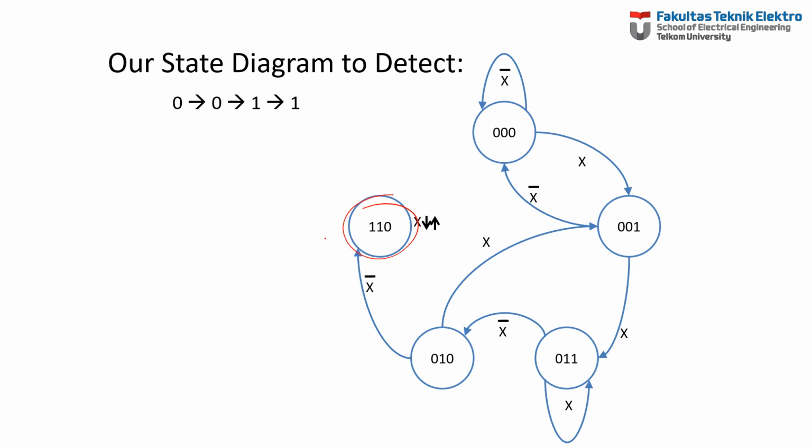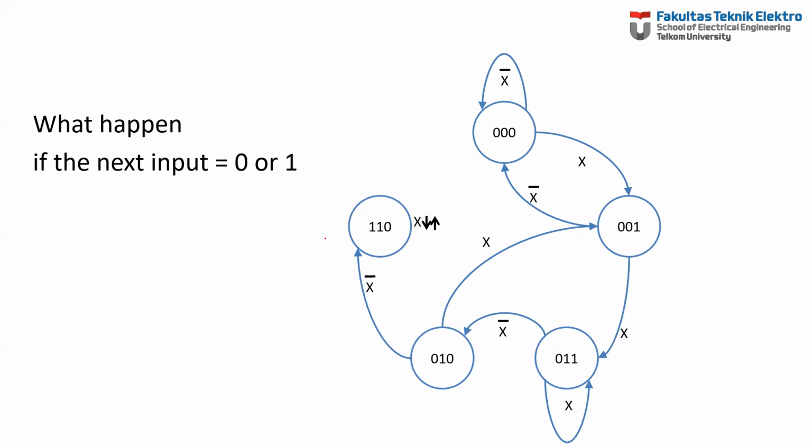It will start the detection again from the beginning. So right now, what happens if the next input is 0 or 1? If the next input is 0, it will move to the beginning because we are expecting the first input to be 1, right?